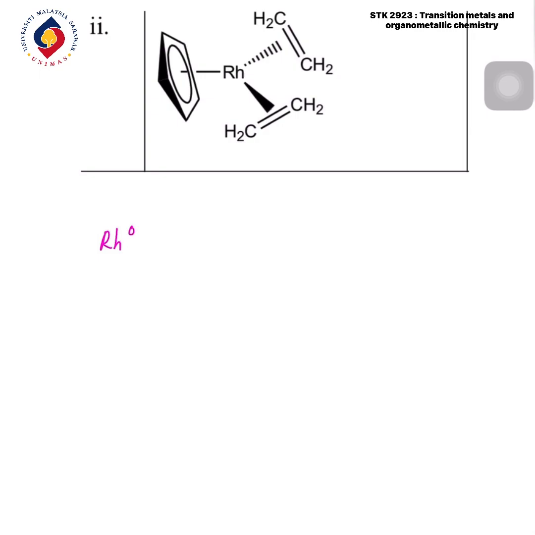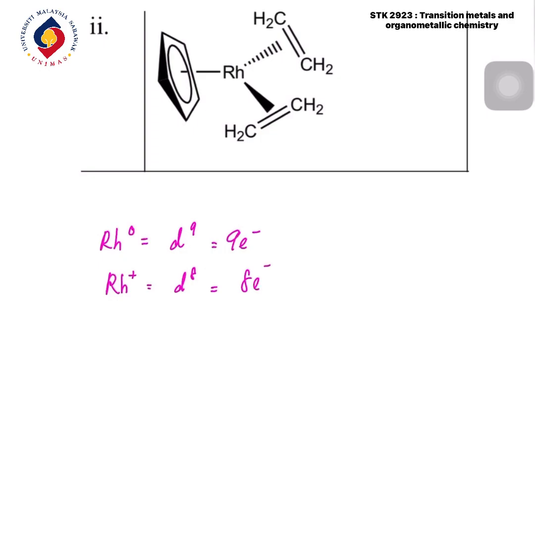Rhodium in its original state is d9, which is 9 electrons. But in this case, rhodium has one positive charge, which is d8, equal to 8 electrons.